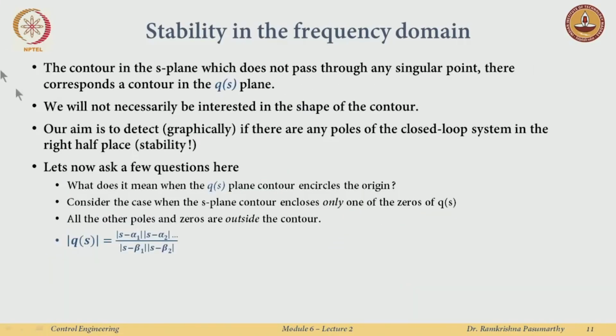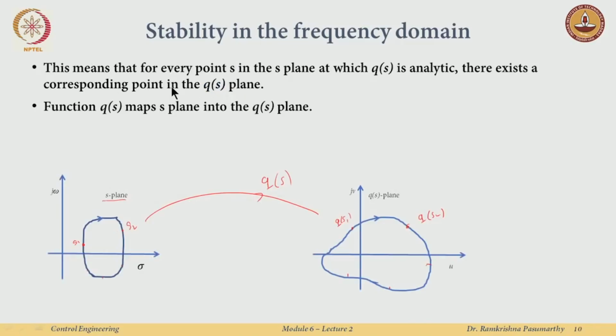So the contour in the S plane which does not pass through any singular point has a corresponding contour in the Q of S plane. I just take this little closed loop here and something else happens there.